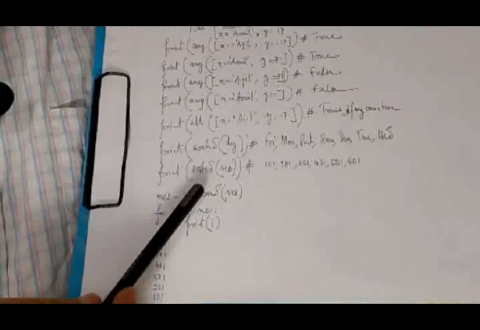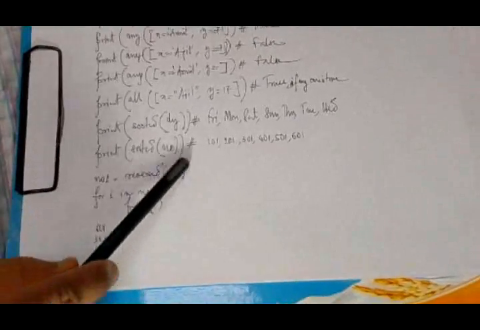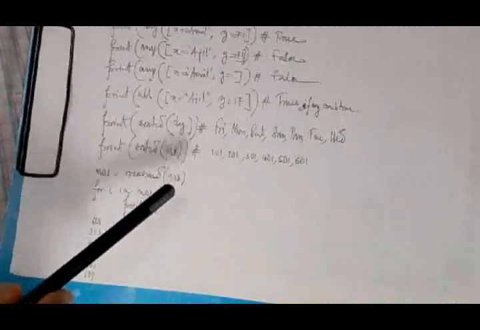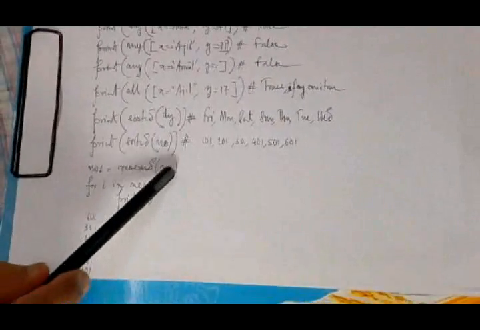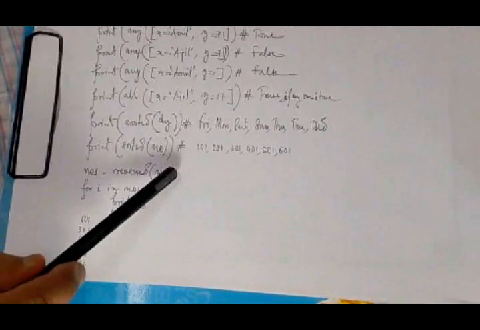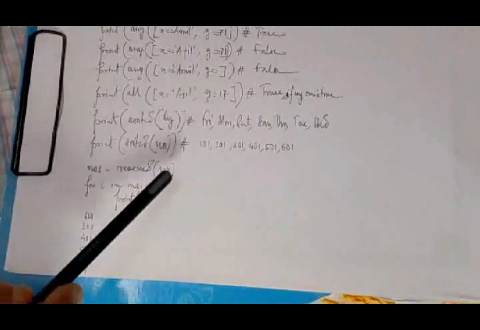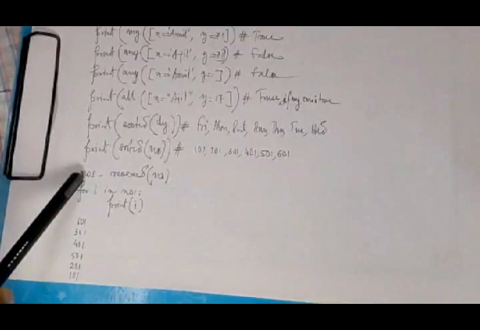Next, reversed. Okay, how are the values getting reversed? So, reversed NO: the values of NO are in reversed order and assigned to another variable N1.